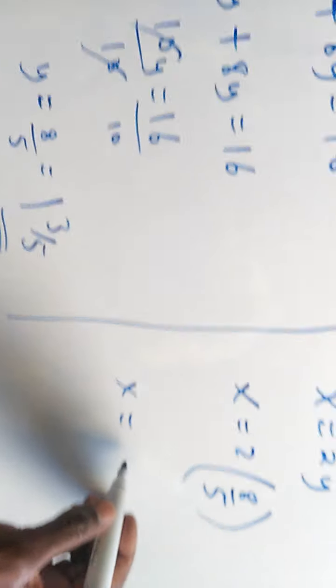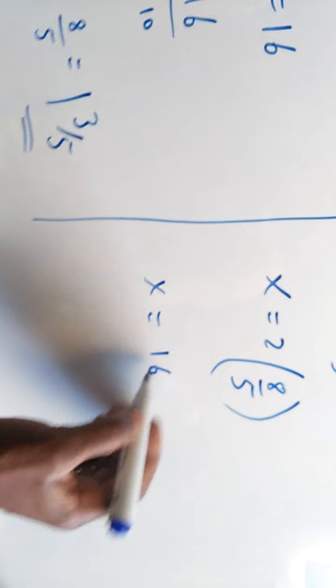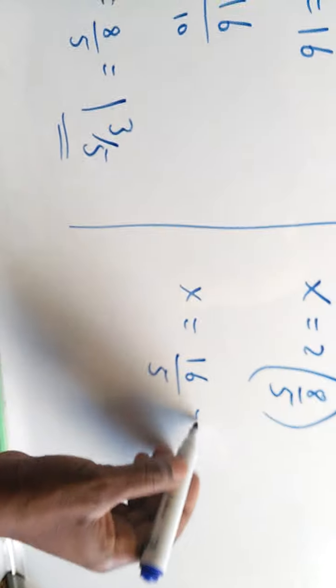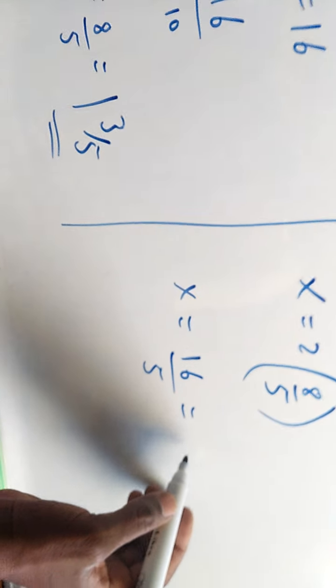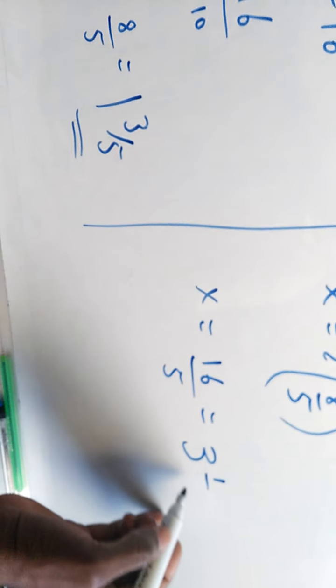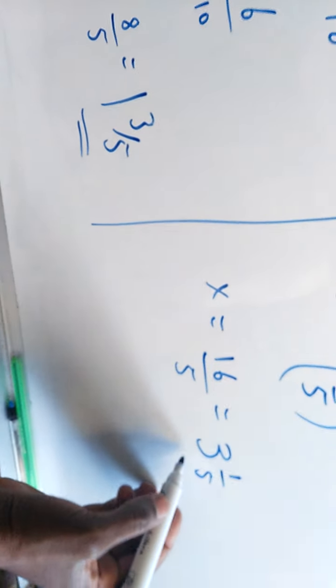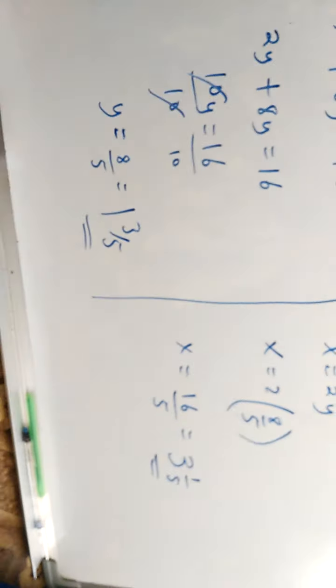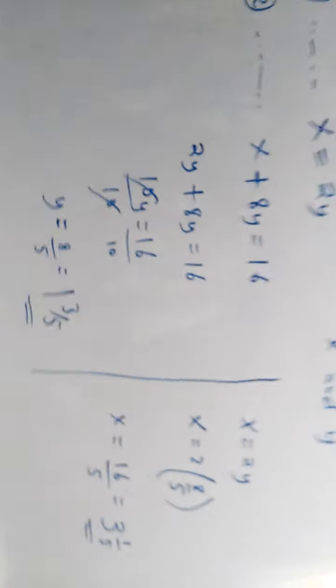Therefore we'll have that one as 16/5. 5 into 16, 3. 15 going into 16, there will just be a remainder of 1. And so the two values are those for the simultaneous equation.